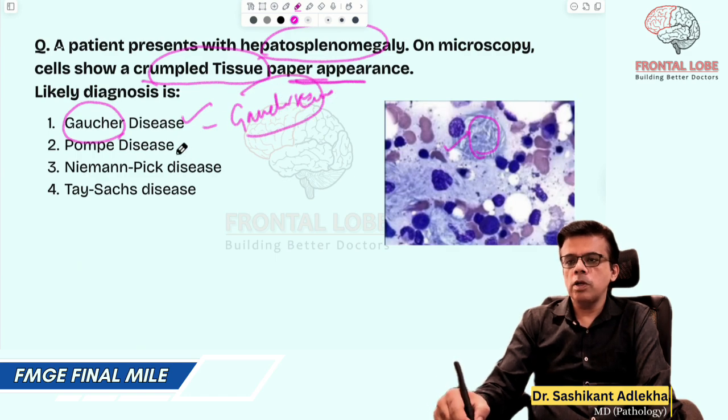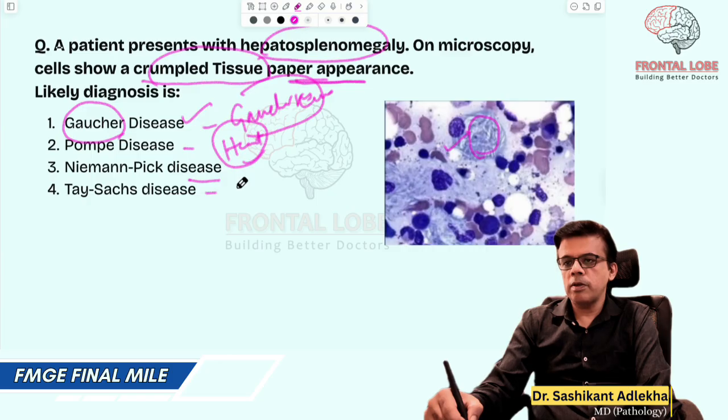So this is the correct answer. Pompe's disease involves more of the heart and all. It is a cardiomegaly, so this is not the case. In Niemann-Pick disease, there is generally no hepatosplenomegaly. In Tay-Sachs disease also, you will not see these Gaucher cells, and you may see more neurological manifestations, and a cherry red spot may be seen over the macula.